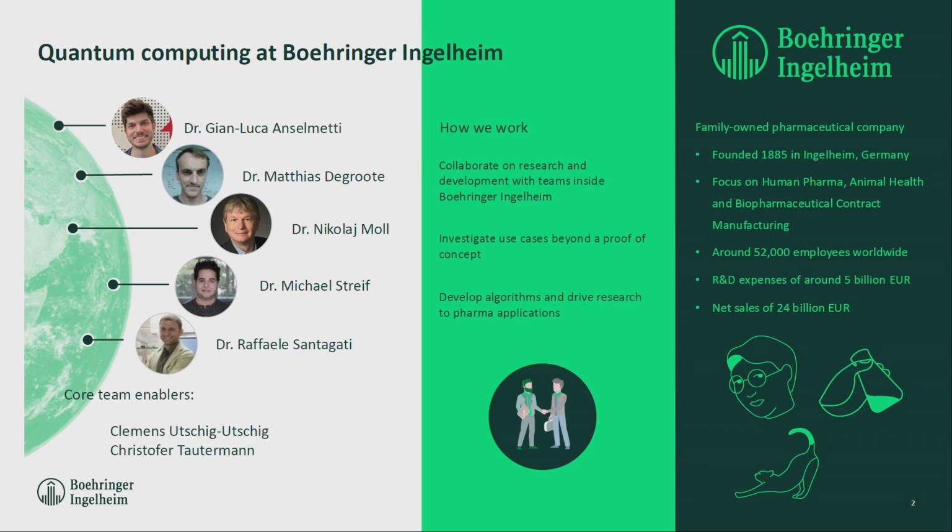And then we also delve into algorithm development, looking at algorithms specific to our needs and use cases, to provide a first picture that other researchers can then take up and tweak some knobs. I'm not going to name the 5 of us, but I am going to name our 2 core enablers, Clemens Ucik and Christopher Tautermann, who are a big help inside the company, without whom we couldn't do the work we do.